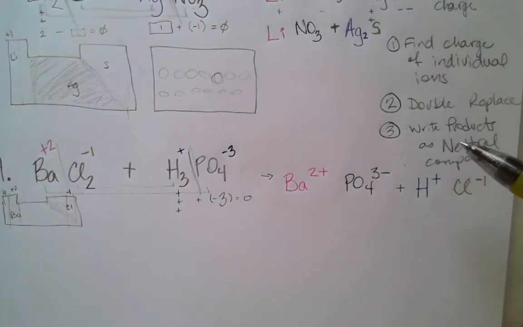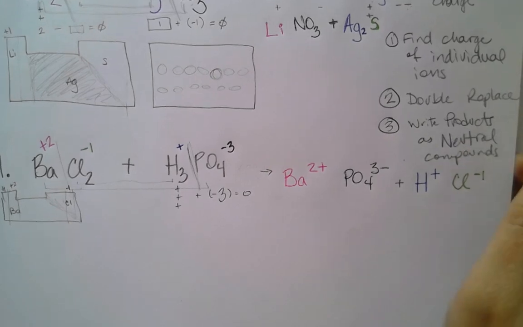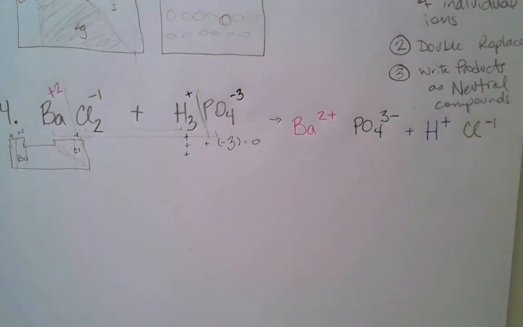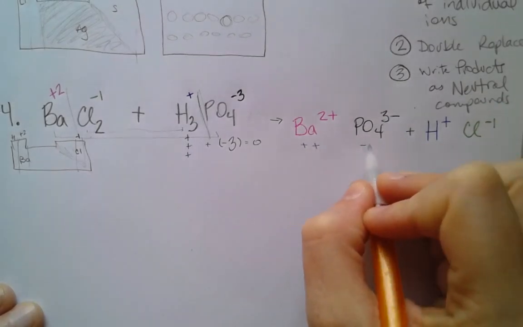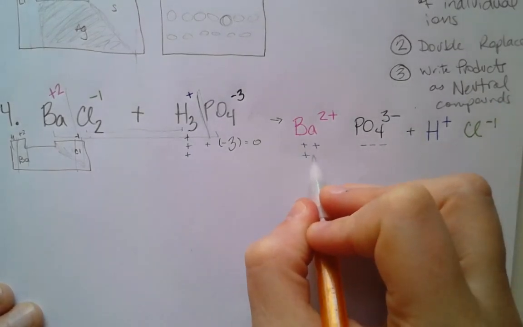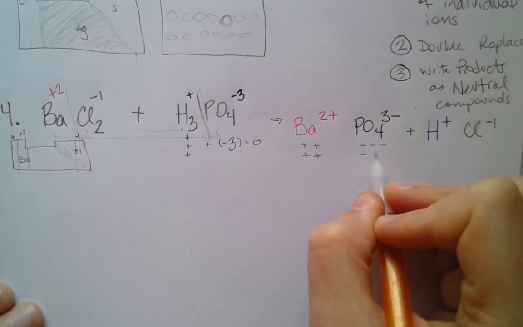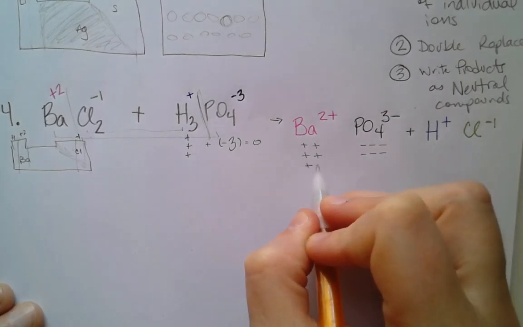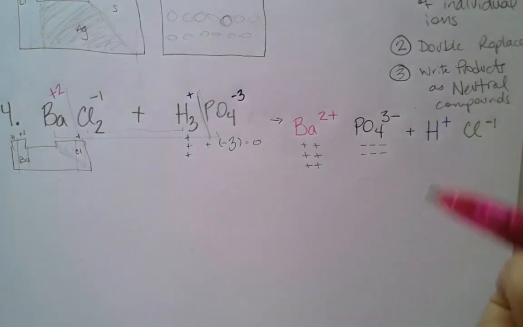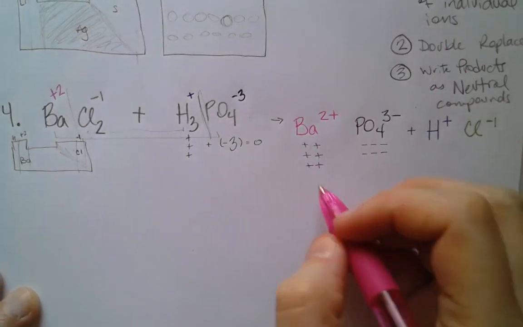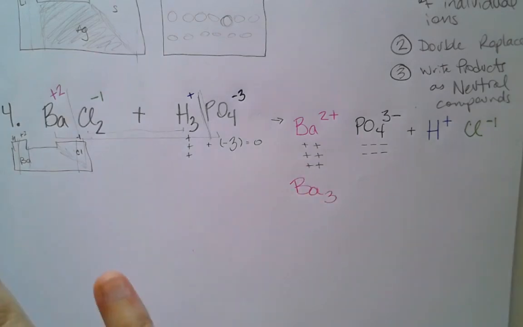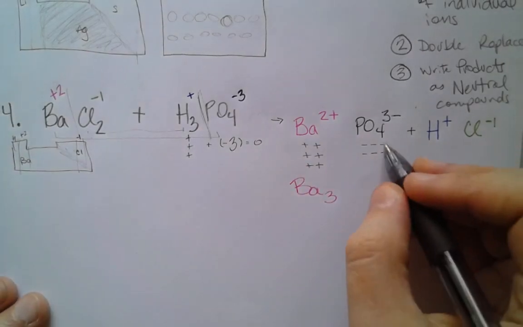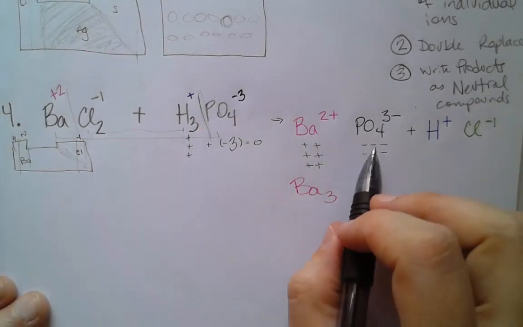All right, so we did our first step, find the charge of individual ions, did the second step, double replace. Last step, write that product as a neutral compound. Here's a little bit more math. Barium starts as +2. Phosphate starts as -3. How many bariums do you need to neutralize your phosphate? Okay, I need 1, 2, 3. We need 3 bariums to neutralize 2 phosphates.